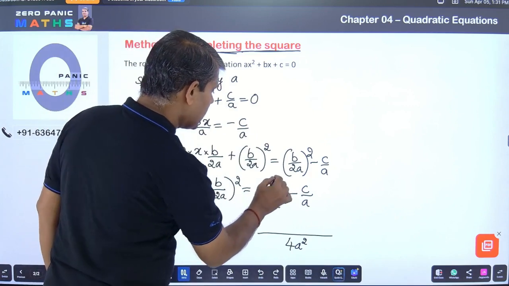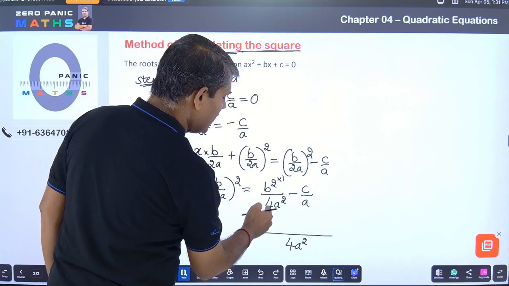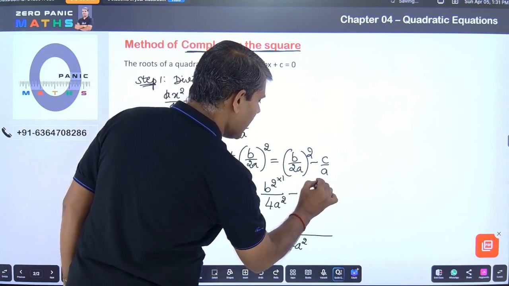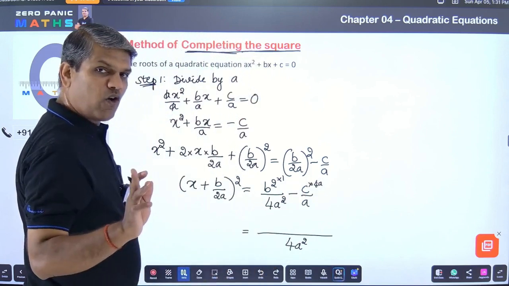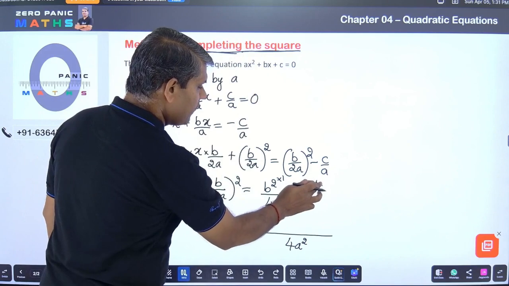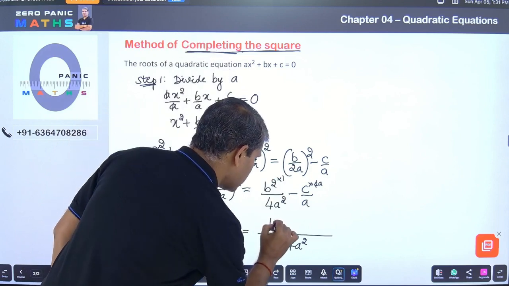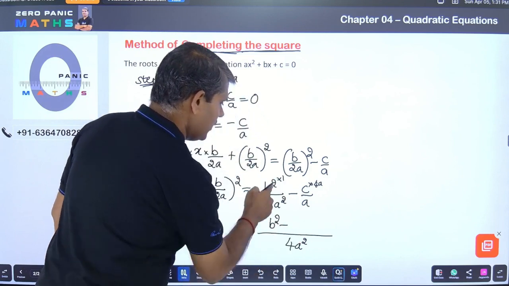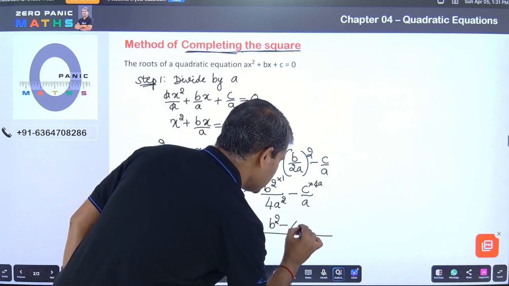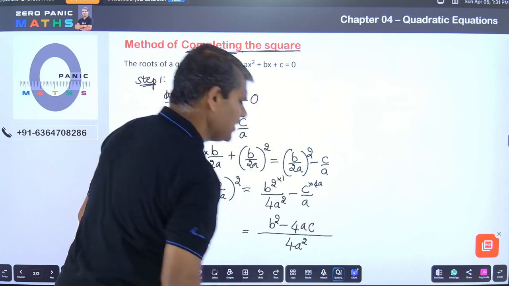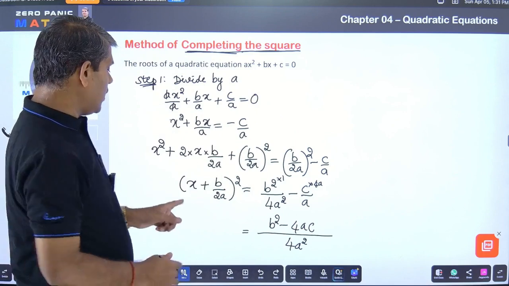For 4a square, it is 1, and since there is 1a already here, I should be multiplying this by 4a to get 4a square, right? 4a into a is 4a square, that is the LCM. So what is this? b square into 1 is b square, 4a into c, that is 4ac. b square minus 4ac.